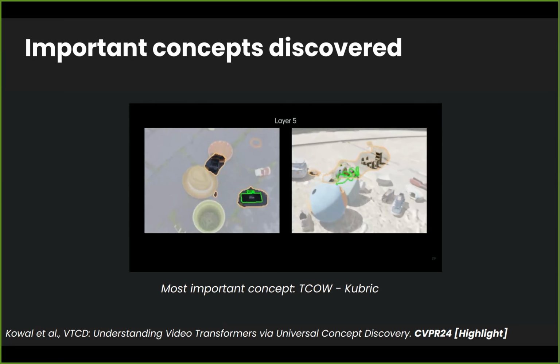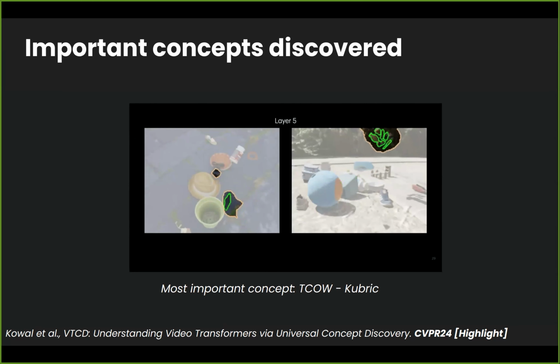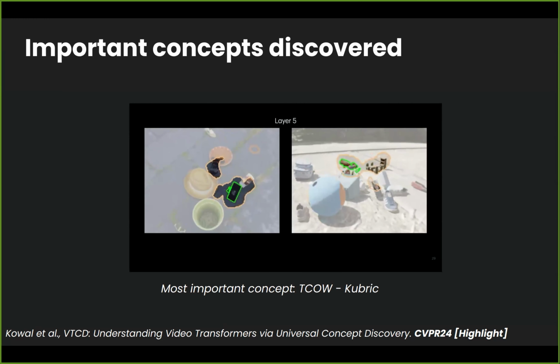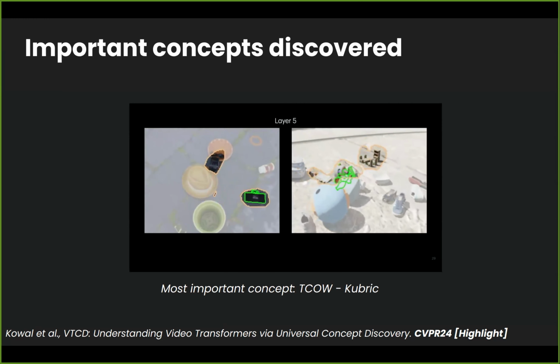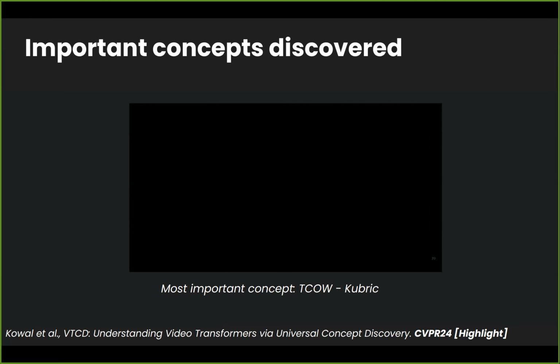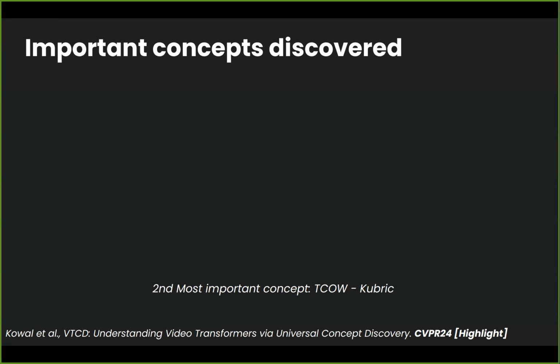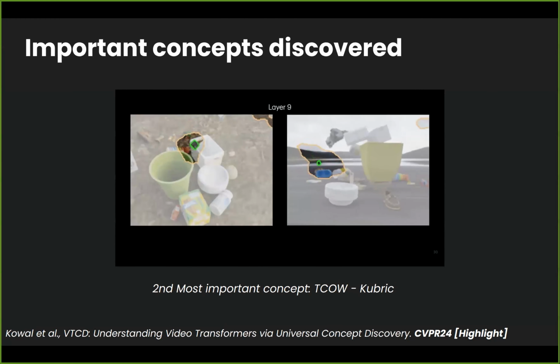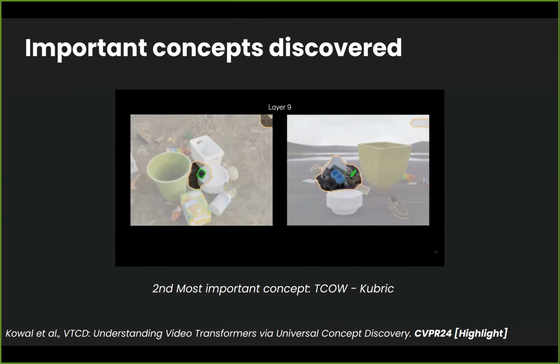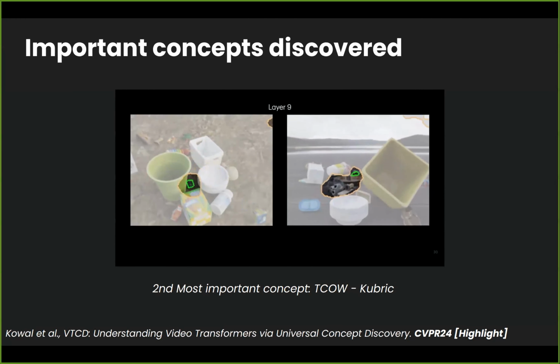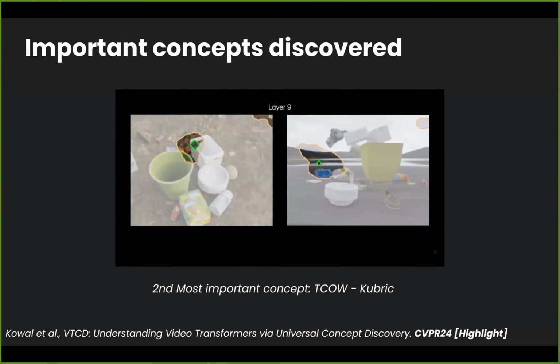It tracks the target objects as well as objects with similar appearance. And so this suggests that the model learns to solve the disambiguation problem by first identifying possible distractors that are similar to the target object that we want to track. The second most important concept for this model was in layer 9, and it tracks the target object throughout the video.